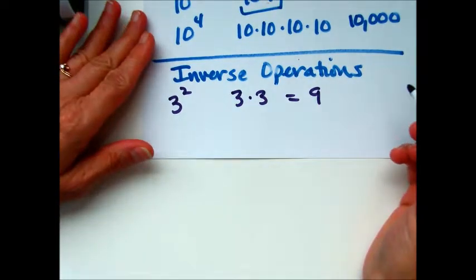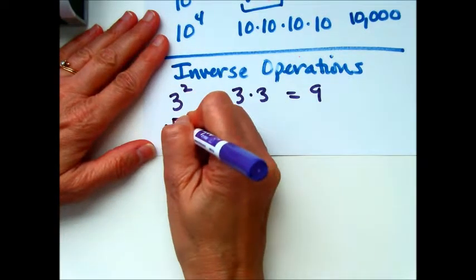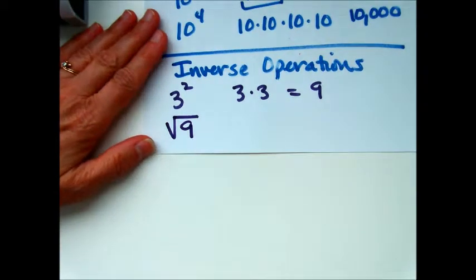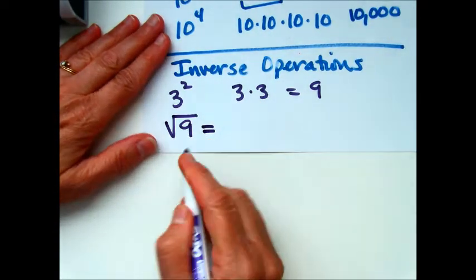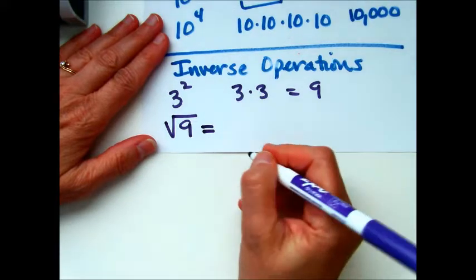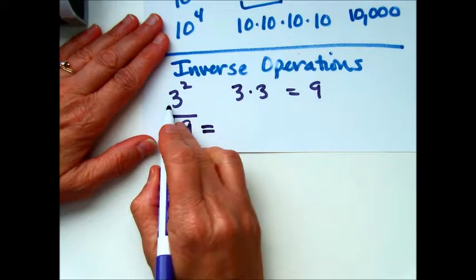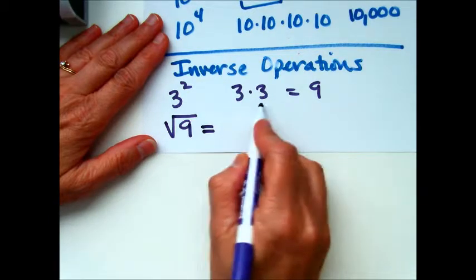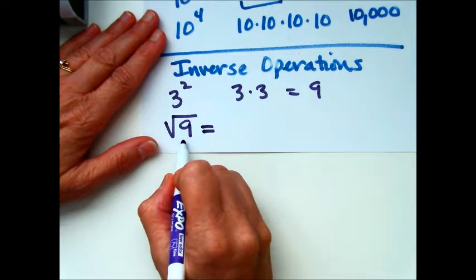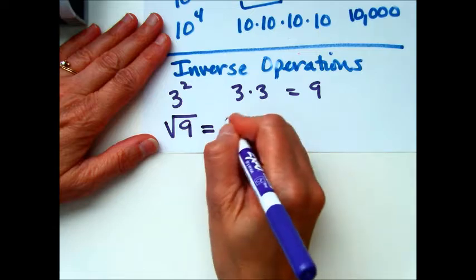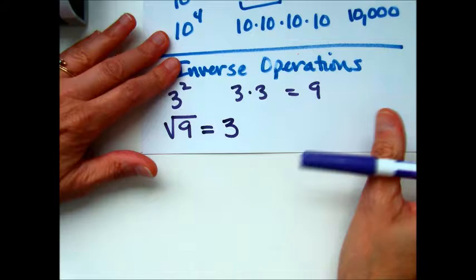Now, the inverse of squaring is taking the square root, and we might see something like this. So the square root of 9. And what we're looking for is the base. So, for instance, in 3 squared, the base is 3, okay? Because 3 times 3 is 9. So the square root of 9 will be 3, because 3 times 3 is 9.